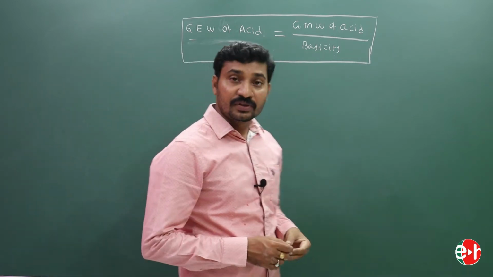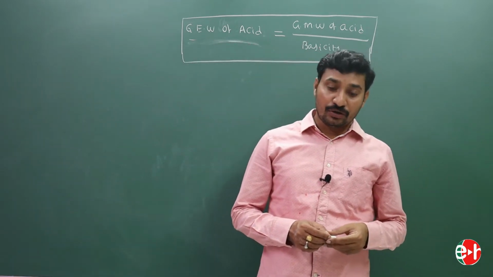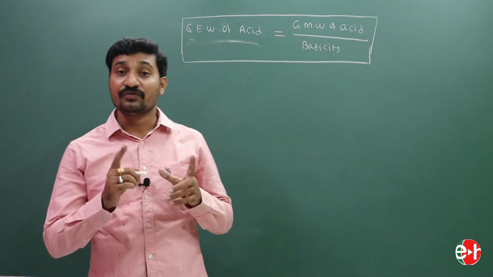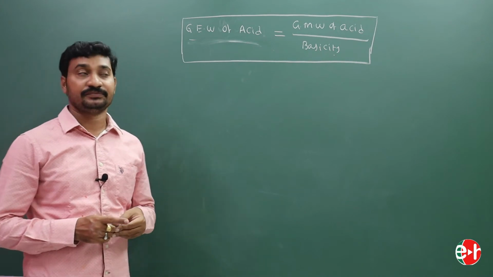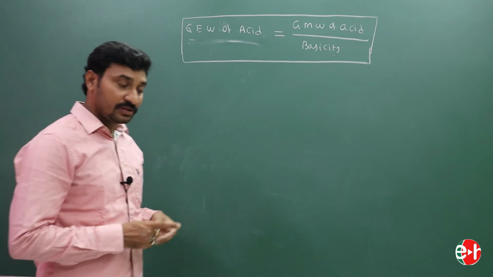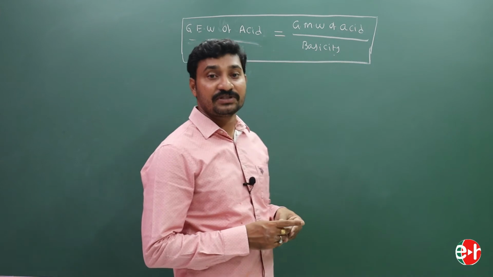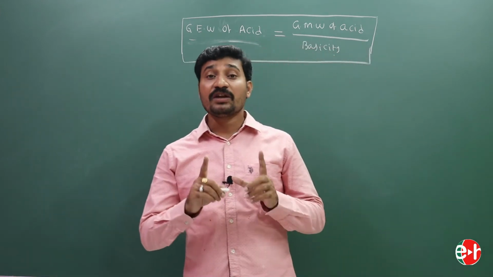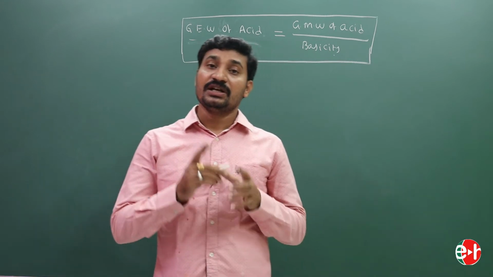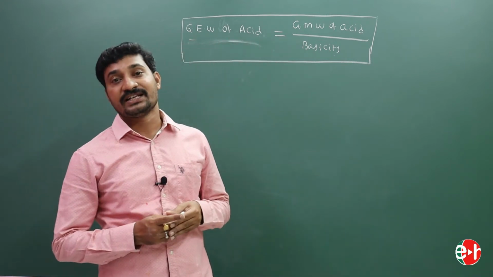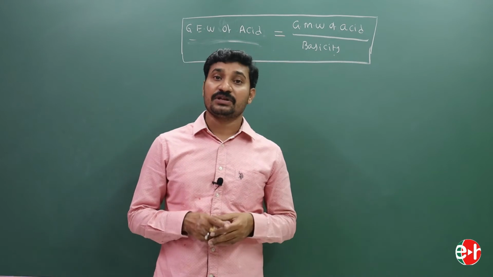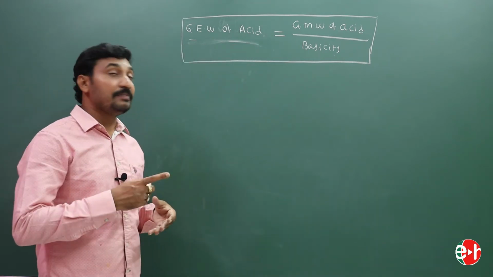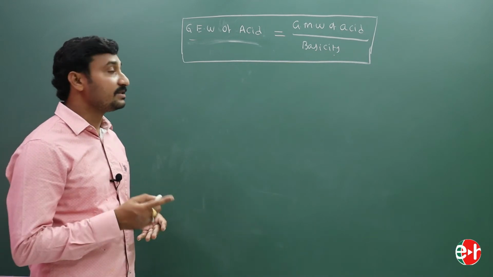Basicity is the number of hydrogen atoms displaced by metal atom in one molecule of acid. That means if we take one molecule of acid, how many hydrogen atoms are replaceable by metal atom is called basicity.